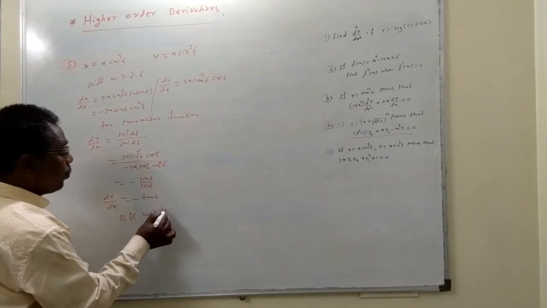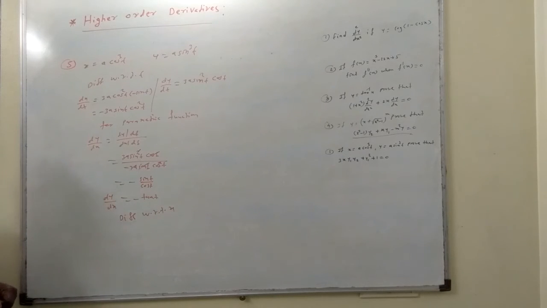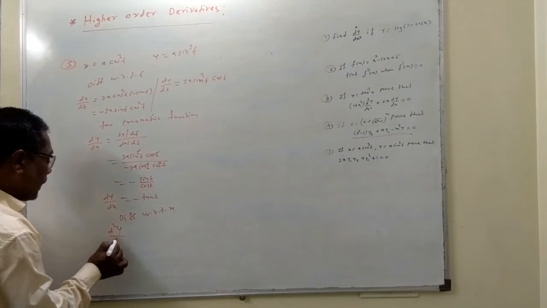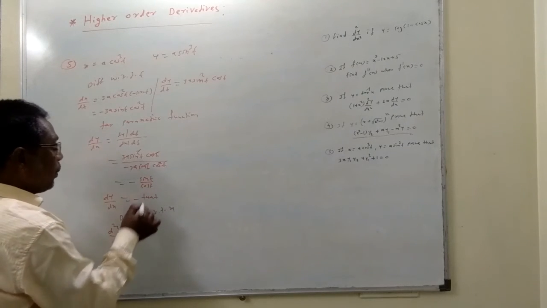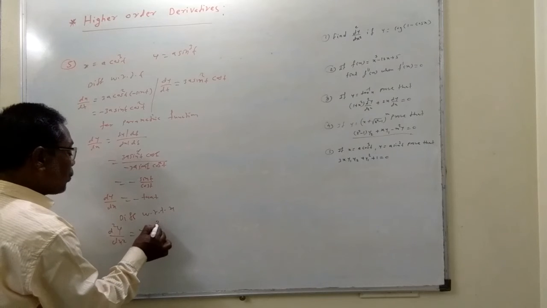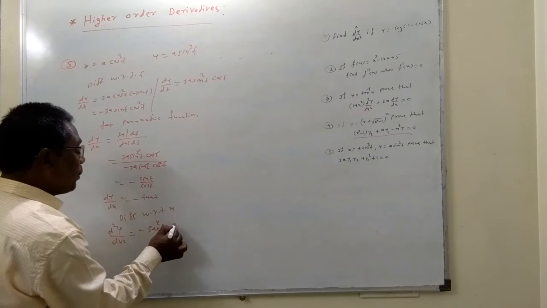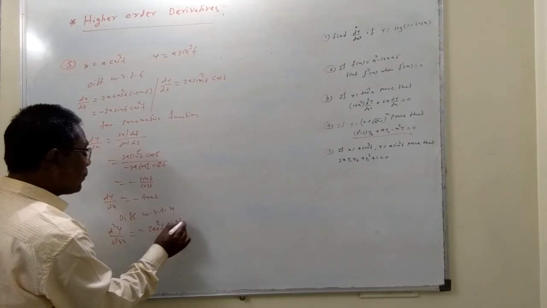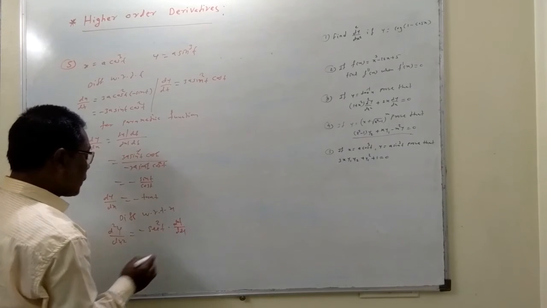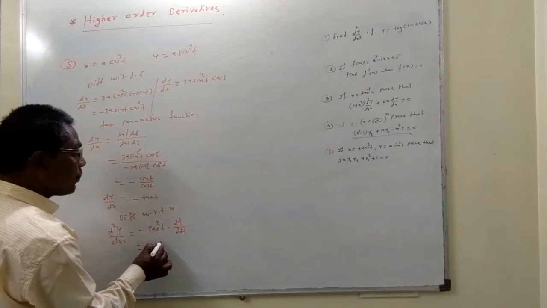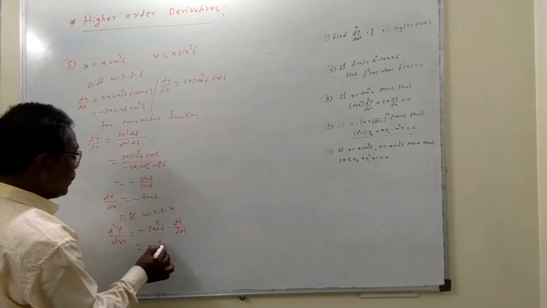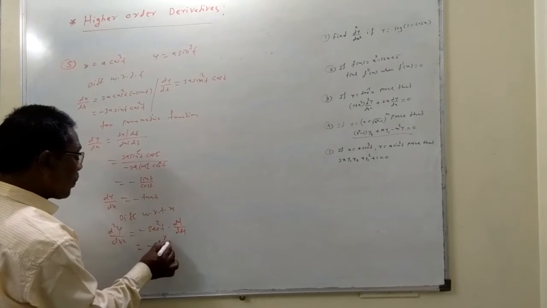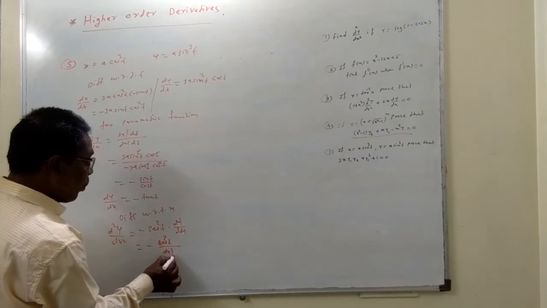With respect to x, because you want to find d2y by dx square. So d2y by dx square is equal to minus derivative of tan, which is sec square t, and derivative of t with respect to x, dt upon dx. So that is equal to minus sec square t divided by dx upon dt.